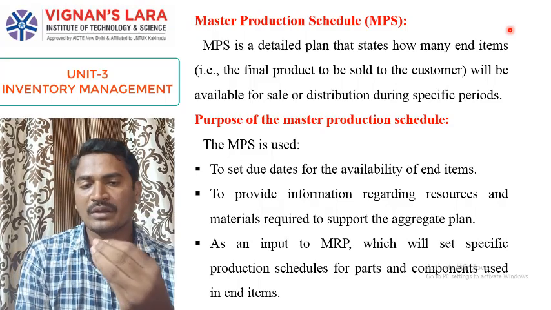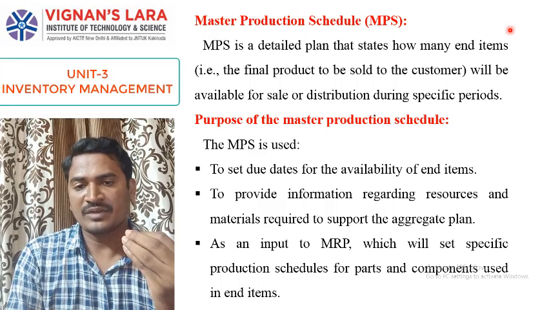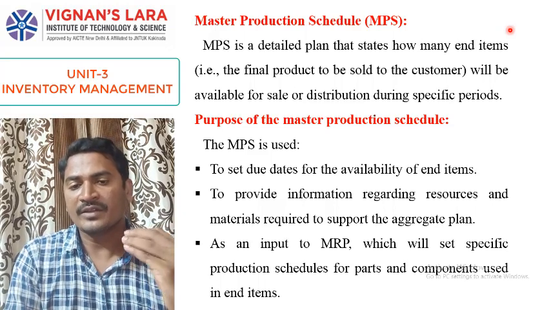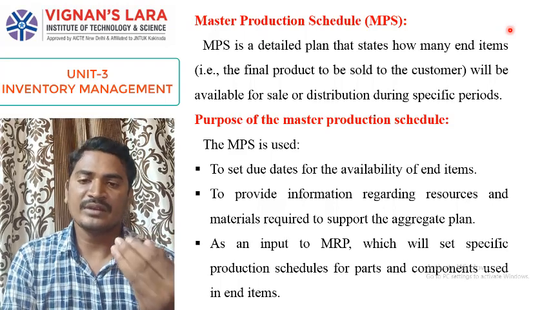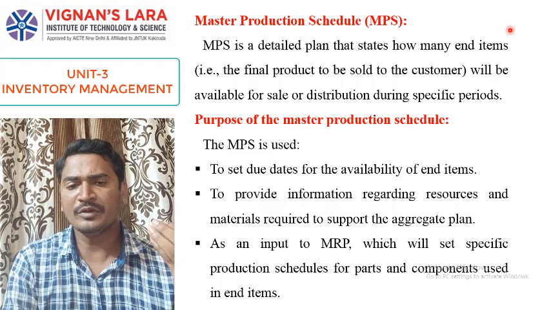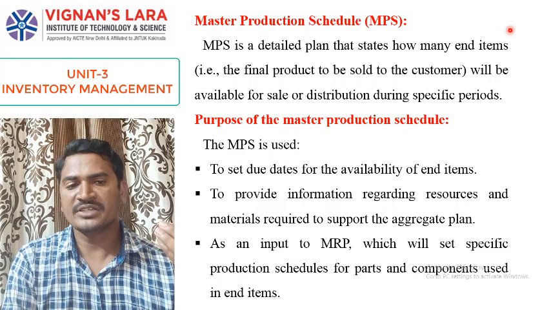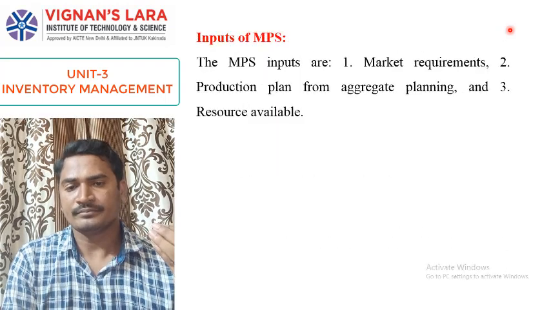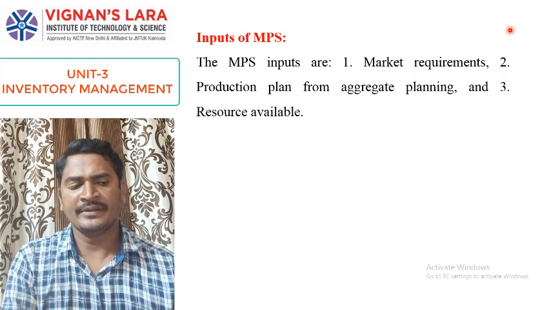Just now we discussed aggregate production planning. In that, the first month we are going to produce 1,000 items. For those 1,000 items, how much raw material and what resources are required, those things we plan here as an input to the MRP, which will set specific production schedules for parts and components used in end items.